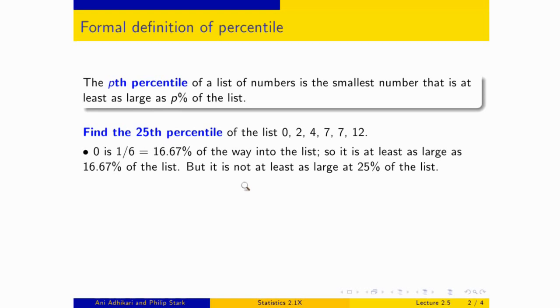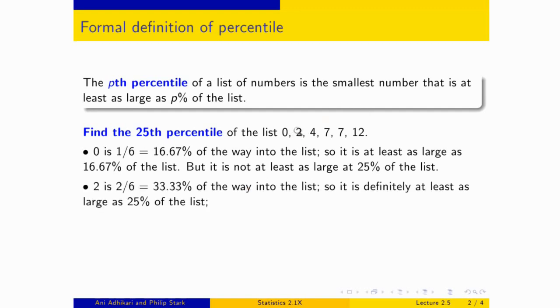So it is not a good candidate for the 25th percentile, and this is not surprising. So now we look at the next number on the list, and that is 2, and that is 1/3 of the way into the list, 2 out of 6 of the way. And so that is definitely at least as large as 25% of the list. 25% of the list would be somewhere here, this imaginary entry that does not exist.